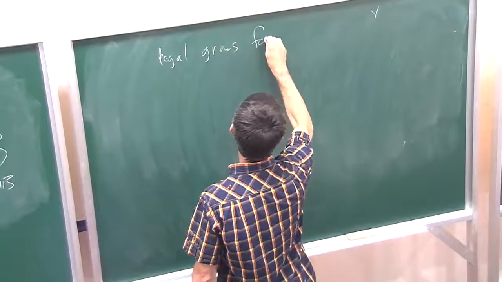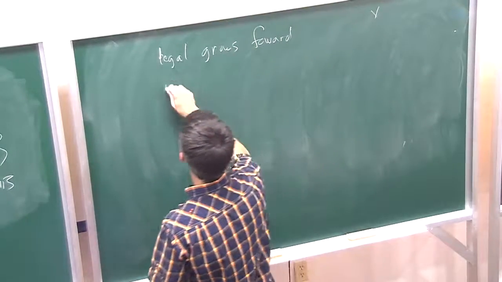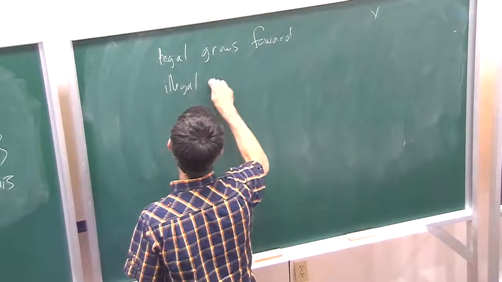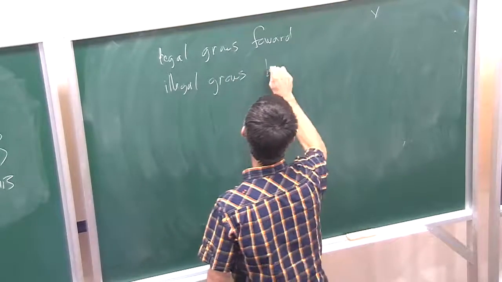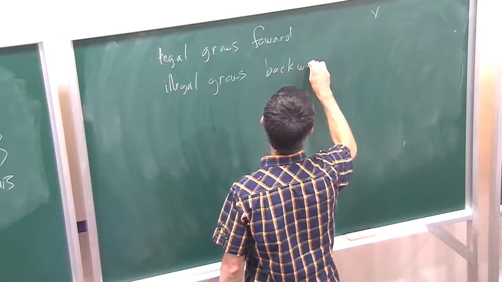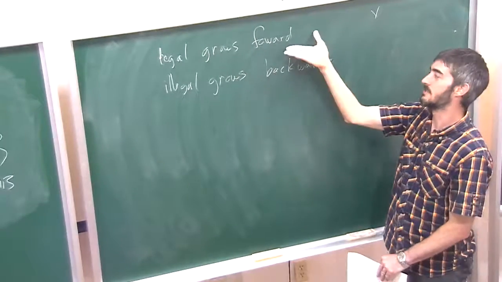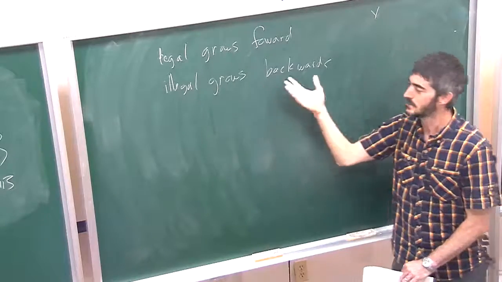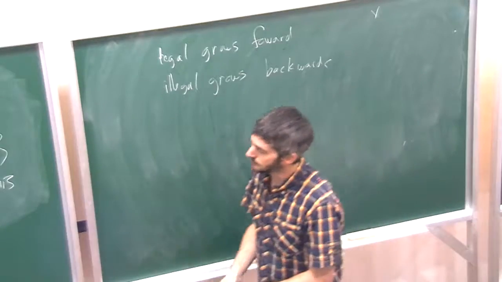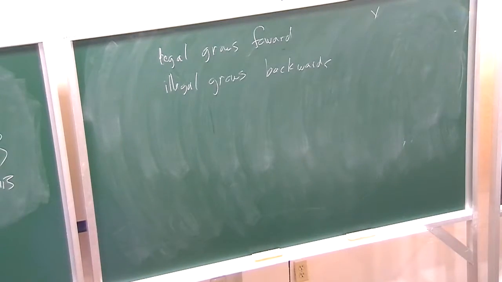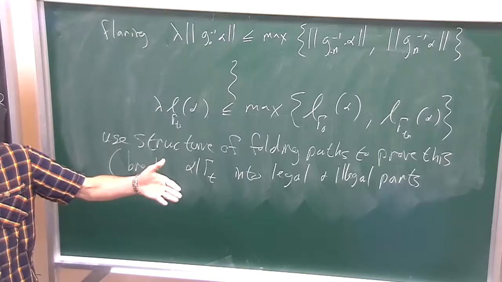And you prove that the legal bit grows at some definite exponential rate, the illegal bit grows at some definite exponential rate. So all you do is you look here at time 0, and you say, well, my length is made up of illegal length and legal length. So there's some of both.